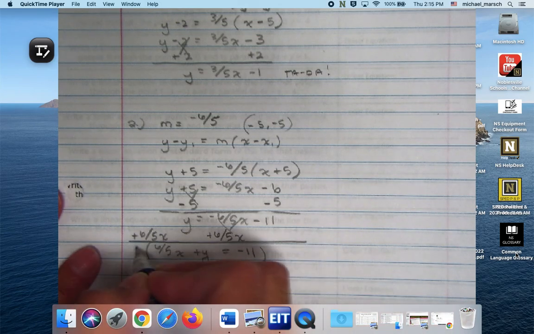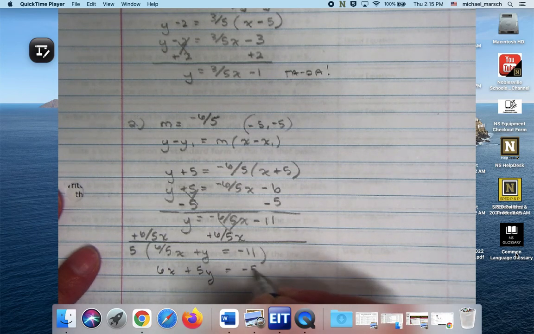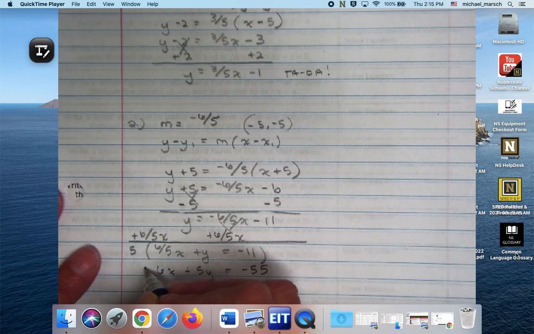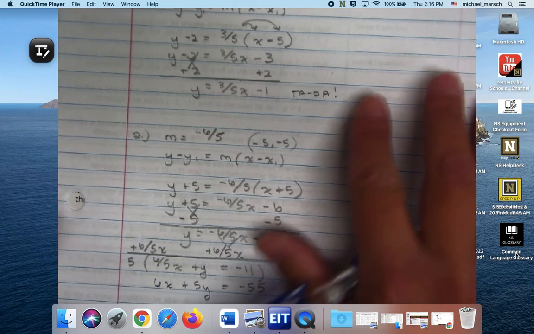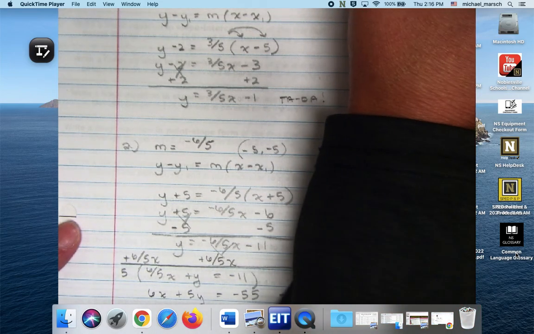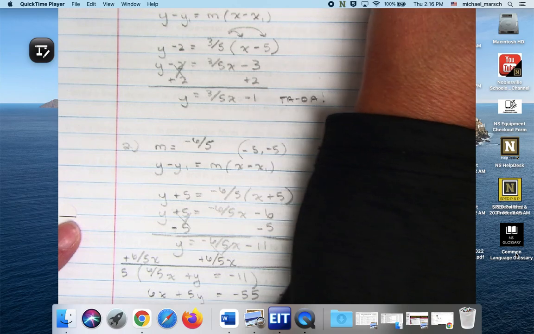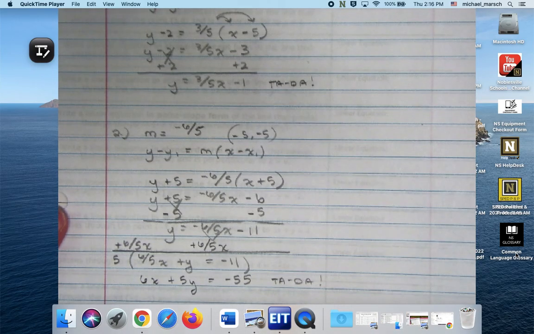Multiply everything by 5. 6x plus 5y equals negative 55. There's our standard form. Ta-da!